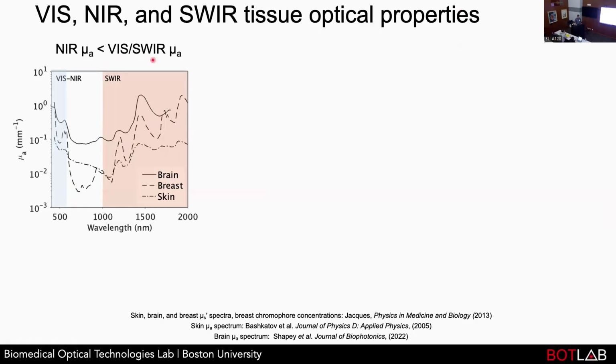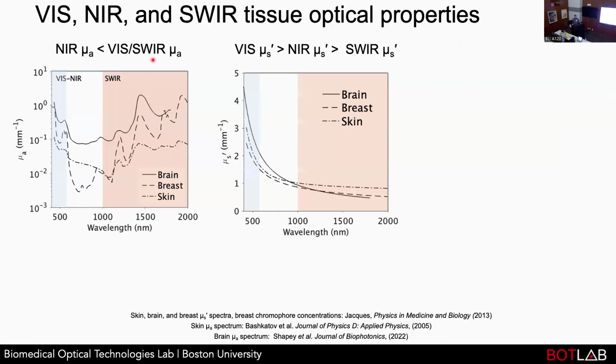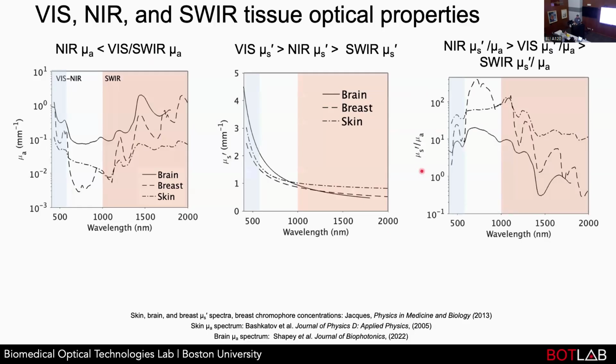This is reduced scattering coefficient. It follows this relationship, an empirical relationship that can be fit to a power law in many cases, especially in the near infrared and shortwave infrared. So the shortwave infrared has the lowest scattering. And then if we look at the ratio of mu S prime over mu A, that ratio is highest in the near infrared.